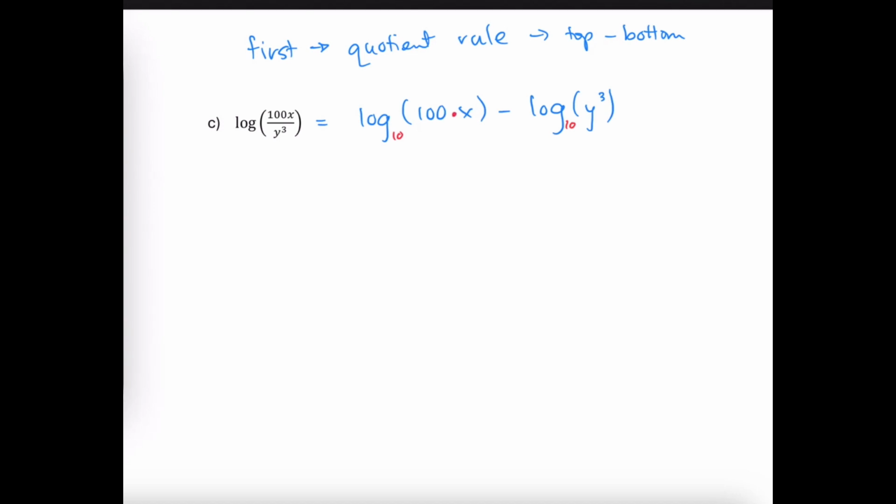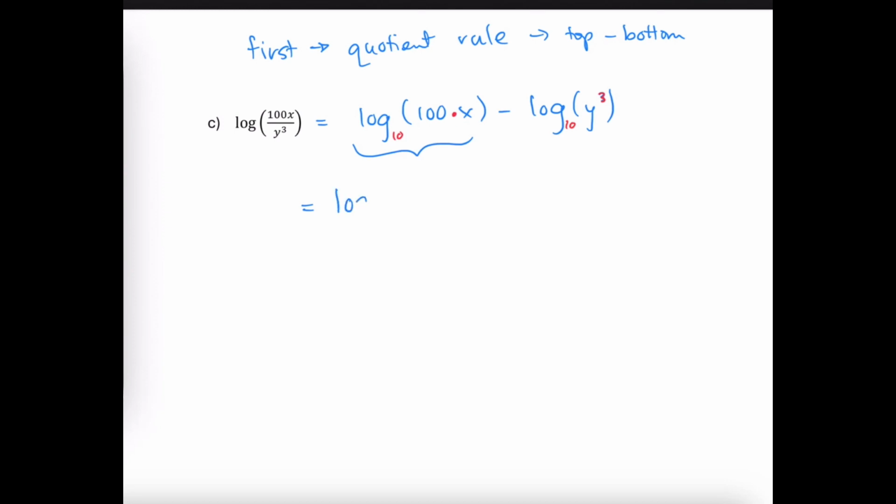Here I have a product in the first one, so I can split this up using the product rule, and now I can rainbow rule or use the power rule on this second logarithm, because now cubed, or the third power, is a power on the entire argument. So let's expand these two. So our first expansion is going to be dealing with this product.